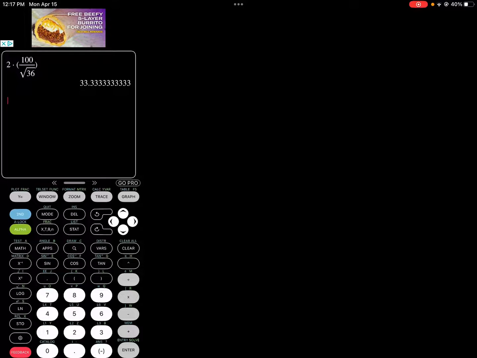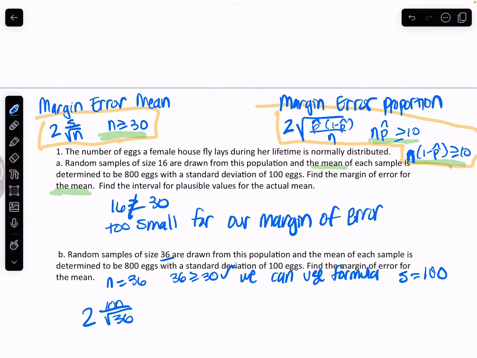Or you could just do 2 and then times, and then your parentheses, 100 divided by the square root of 36. Or since you know the square root of 36 is 6, you could just simplify that to 6. So we get 33.3.